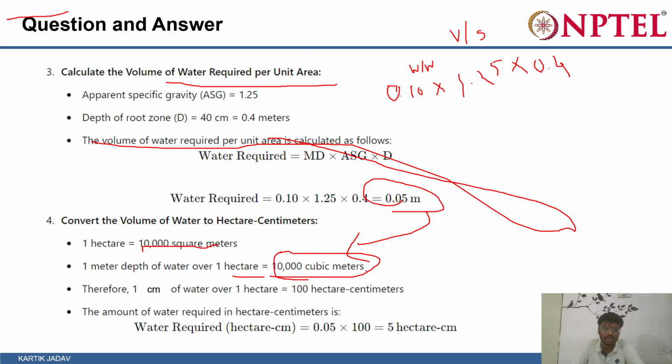If you convert this into hectare centimeter, it comes around this value, right? And once you put this value in, you get 0.05 times 100, which means 5 hectare centimeter.